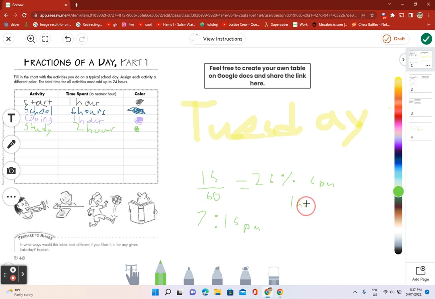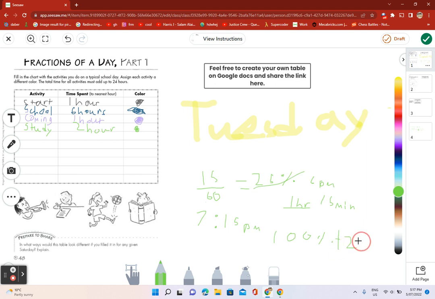Okay, we're going to add that to the tally count, and then we have another 15 minutes. And if we were to write that as a percentage, as just a really cool activity, you would see 1 hour in this context would be 100%, and then 15 minutes would be, as we figured out just now, 25%.